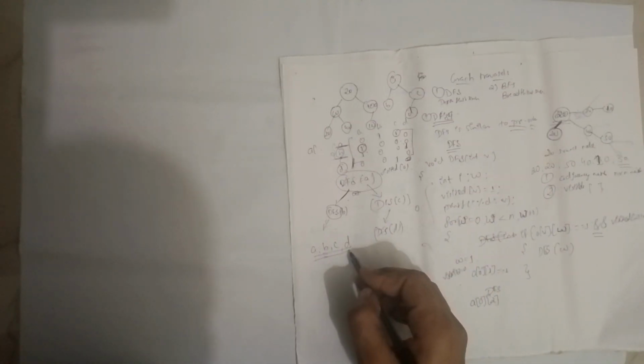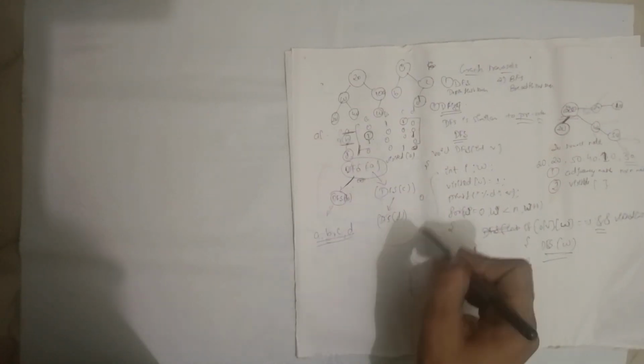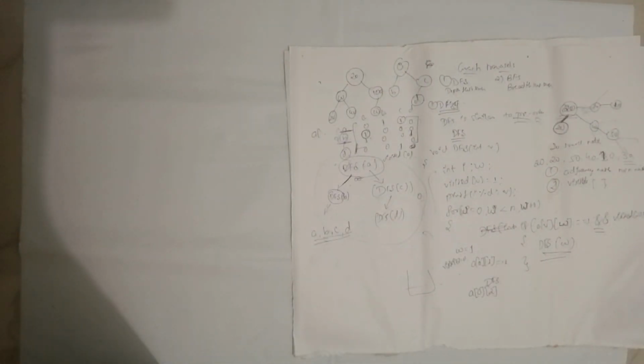There are no other non-visited nodes, so A, B, C, D is the output. Like this DFS works. It's a simple implementation of DFS using a recursive function. It will use a stack, and this is how the traversal takes place.